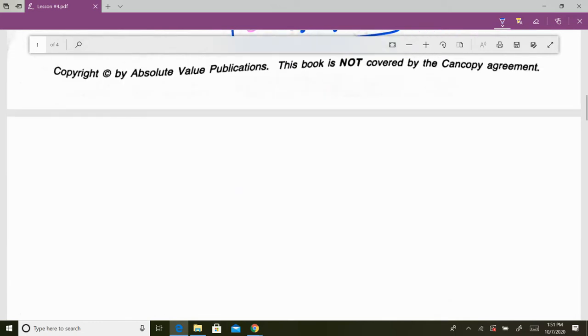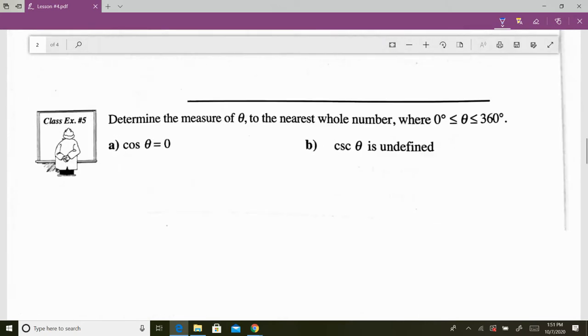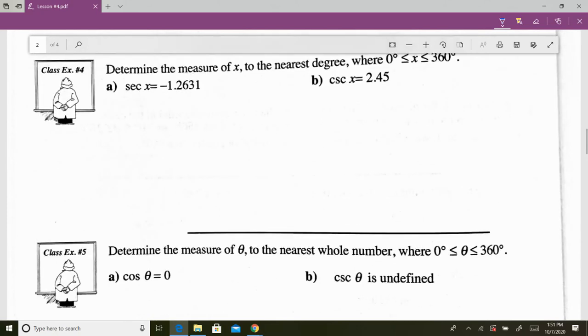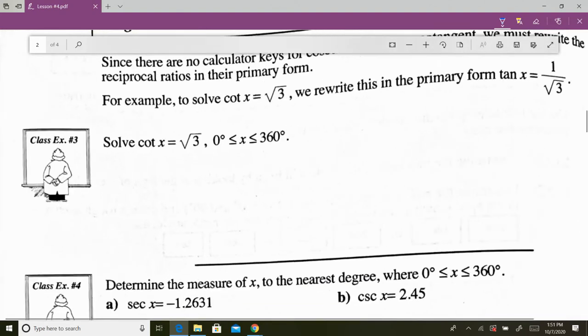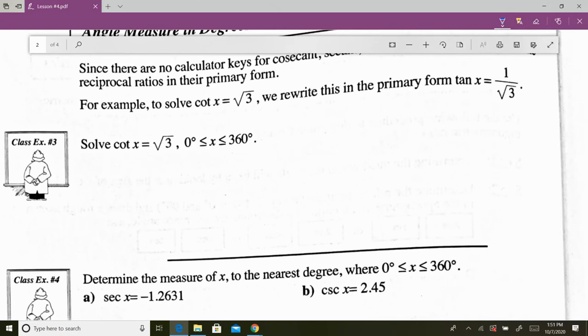Next page. Let's do one more. Solve cotan x is equal to root 3. This is a domain restriction between 0 and 360, so we're only talking about one circle. All right, what is cotan? It's 1 over tan.